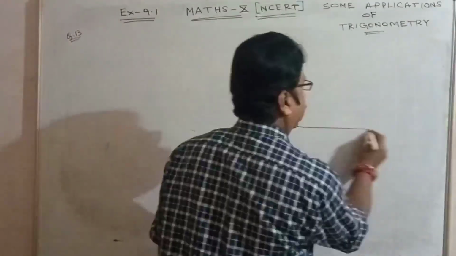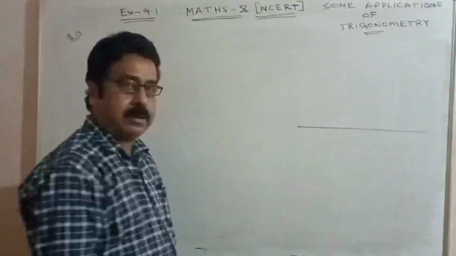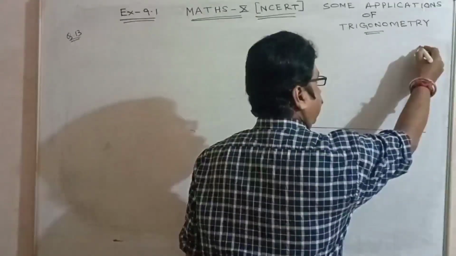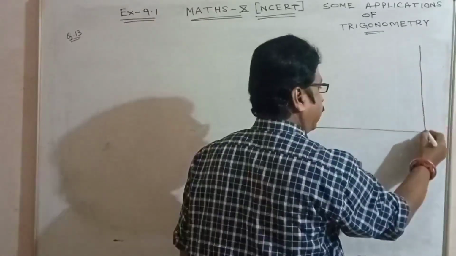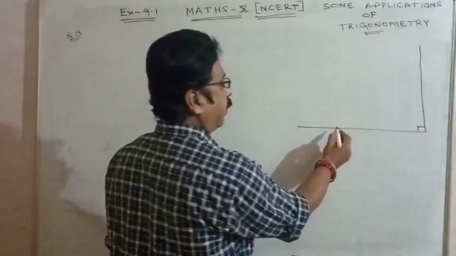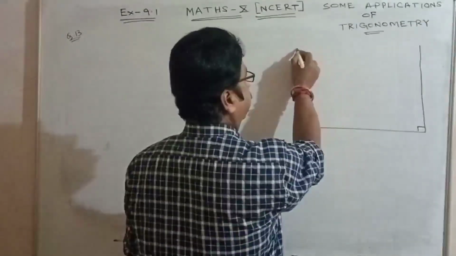Suppose this is the horizontal level, this is the lighthouse. We can draw a line parallel to this.